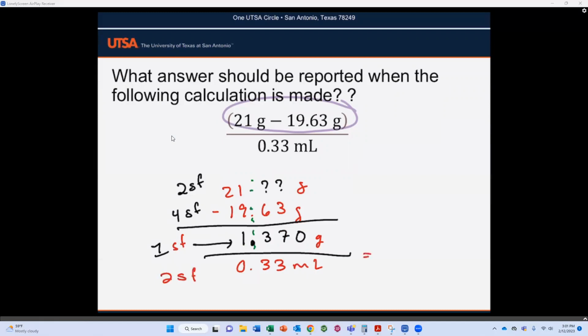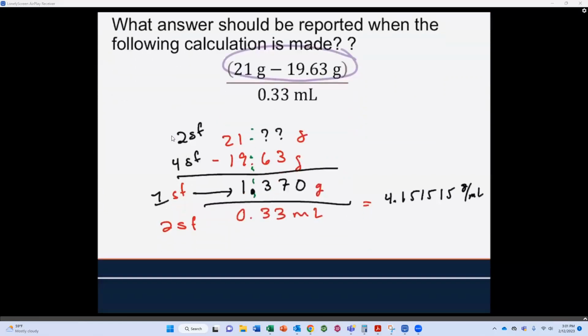Because when I finally do this calculation, again, the number on my calculator is going to be 4.151515 grams per milliliter. I only have 1 significant figure in my final calculation. So the only answer I can report is 4 grams per milliliter.